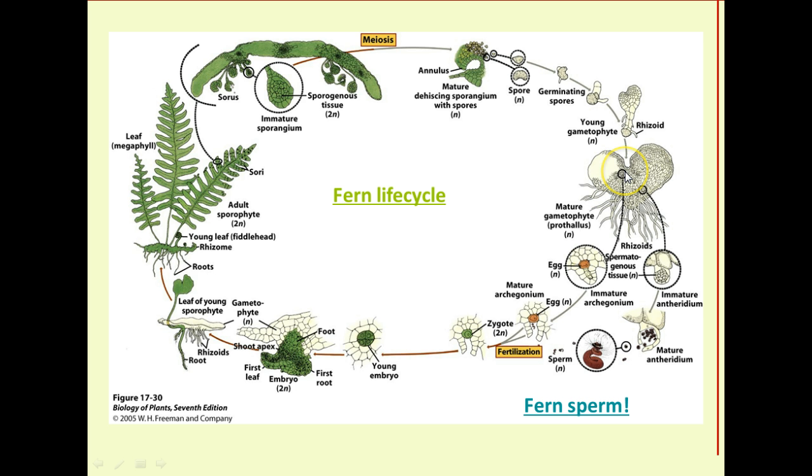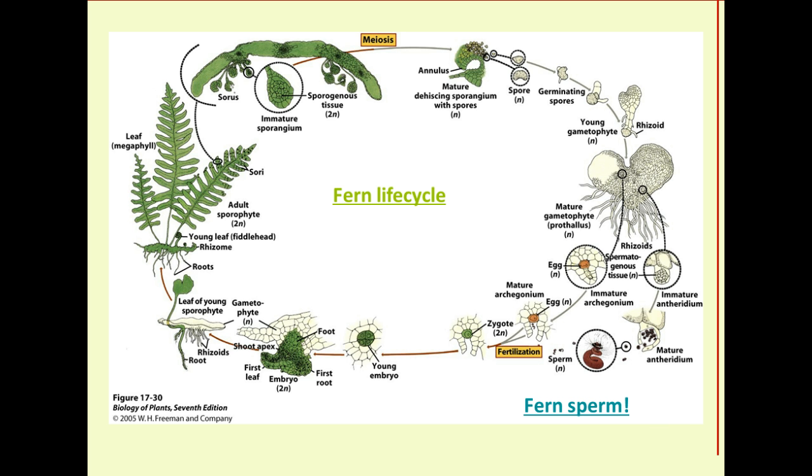That prothallus contains archegonia towards the top of that little heart, antheridia towards the bottom. We have the same fertilization occurring where the egg in the archegonium is fertilized by the sperm. But the ferns have this really weird looking sperm, and it's going to move like a corkscrew.